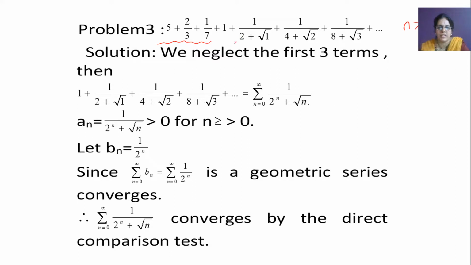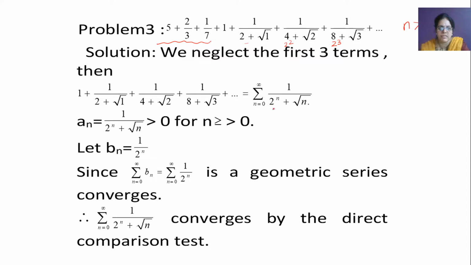We can write it as 1 by 2 power 1, 2 power 2, 2 cube. So the nth term, from this it is 2 power n plus square root of n: 2 power 1 plus square root of 1, 2 square plus square root of 2, 2 cube plus square root of 3.